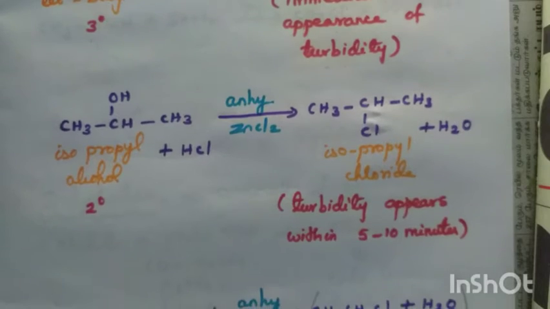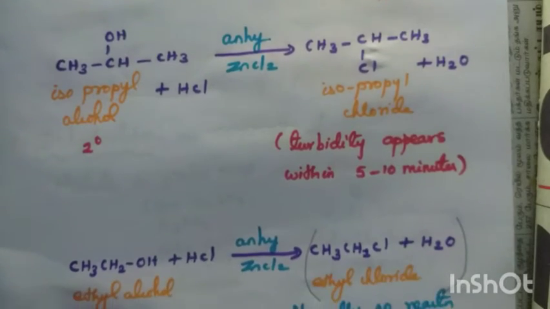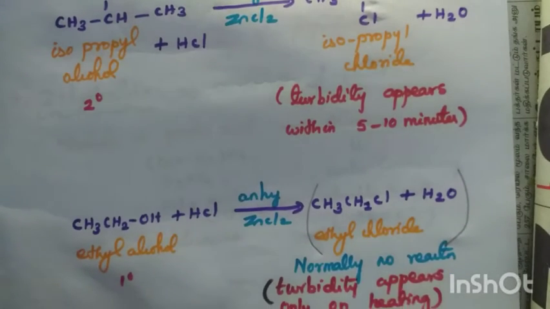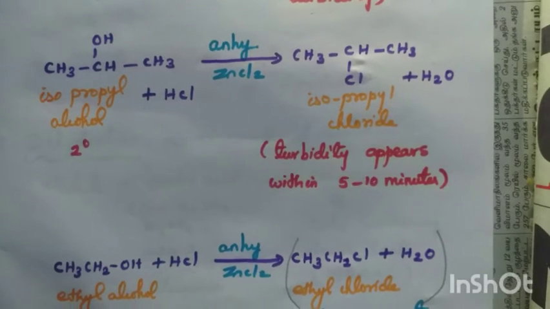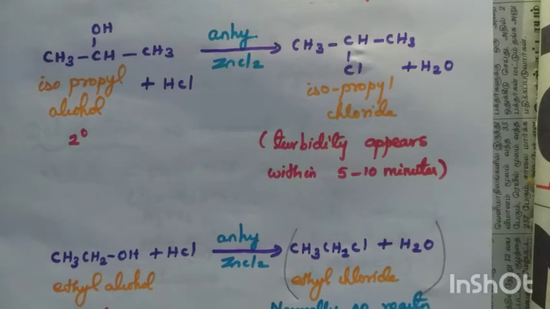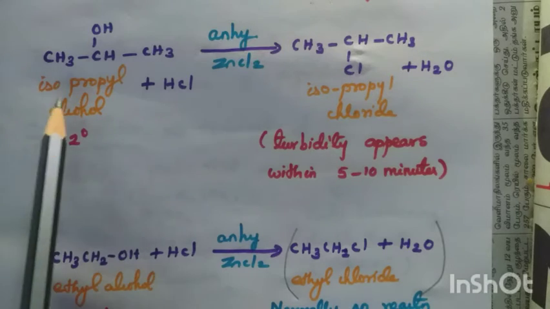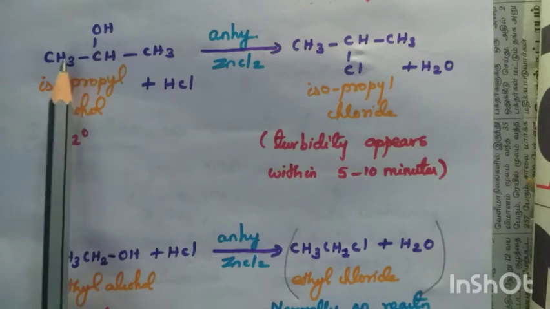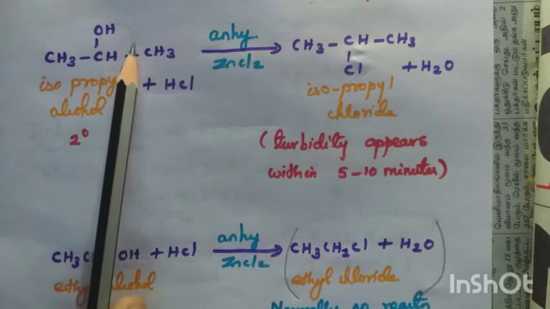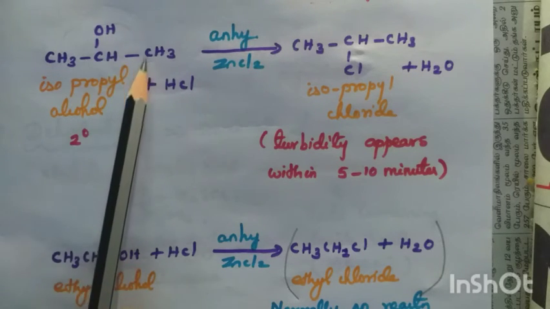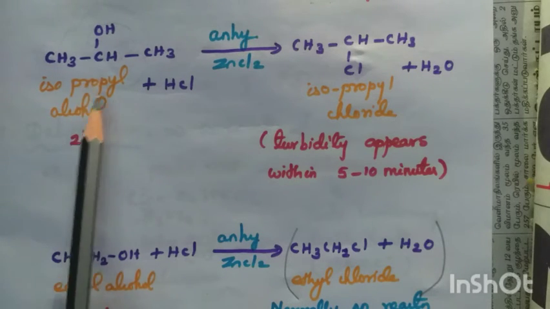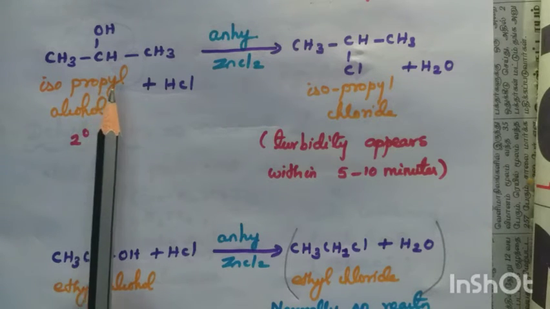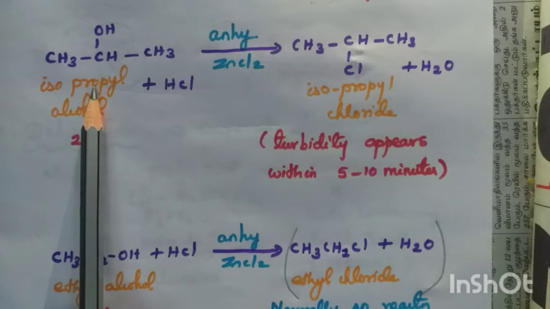What about the secondary alcohol? First we discussed tertiary; it gives turbidity immediately. This is a secondary alcohol. The CHOH group is there, no? So it is a secondary alcohol called isopropyl alcohol. The standard example for secondary alcohol is isopropyl alcohol.